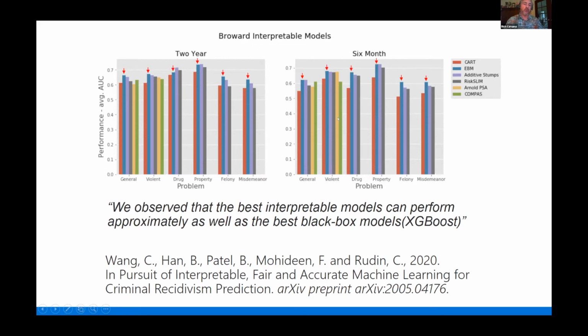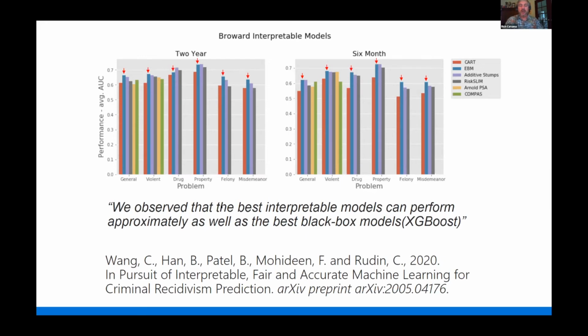And on one of them, we're the third best. So we're perhaps the best performing of all the glass box methods. And they observe in this paper that the best interpretable models, that would be EBMs, for example, perform approximately as well as the best black box models, such as XGBoost. Once again, an indication that you really can sort of have your cake and eat it too sometimes.